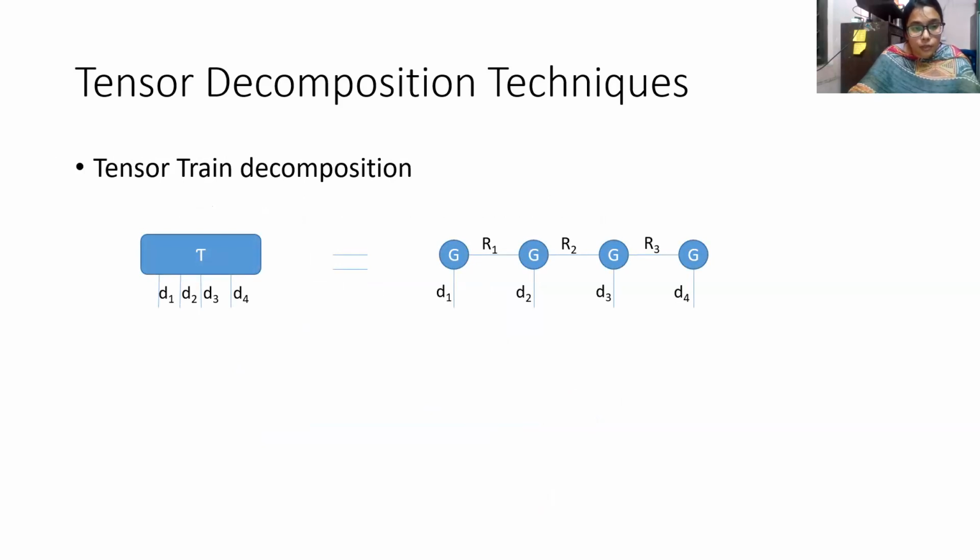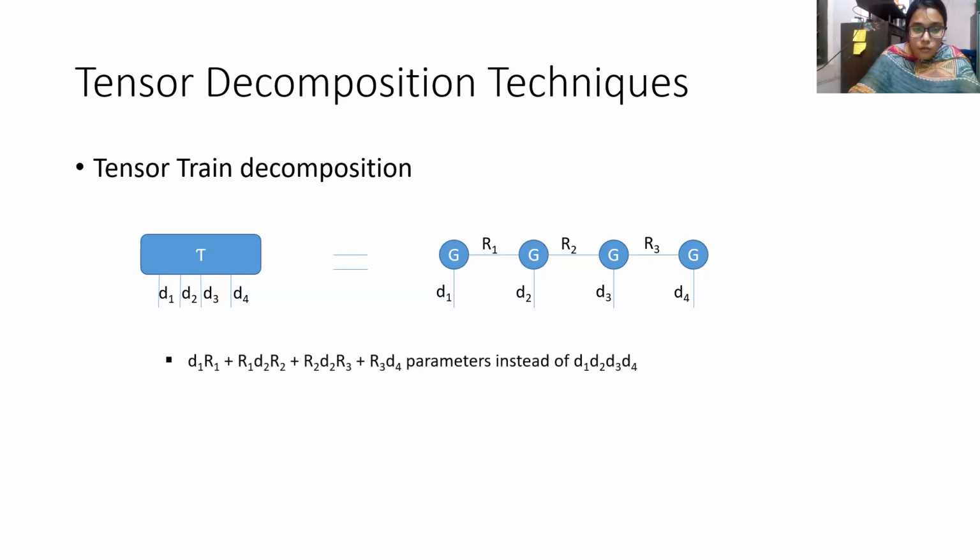Another decomposition technique is tensor train decomposition. It is also called chain decomposition. Tensor T has four open axes, and the decomposed tensor has four tensors G, each two tensors connected with its parameter, and one is open.